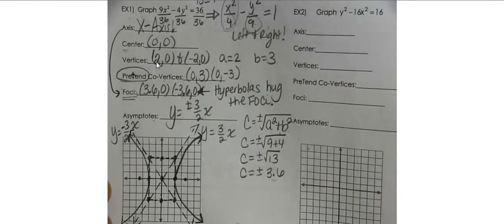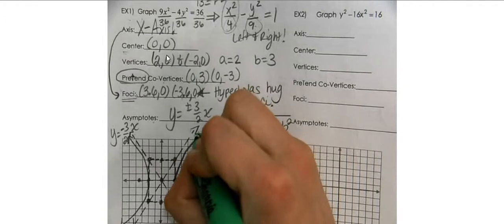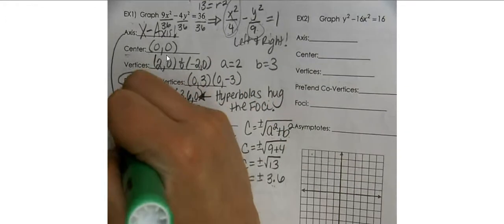So it's going to look like a U shape. The part of the graph that we are absolutely interested in is these hyperbolic shapes. And this is your answer.